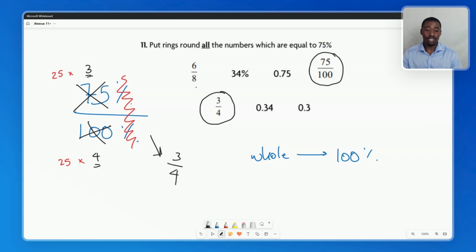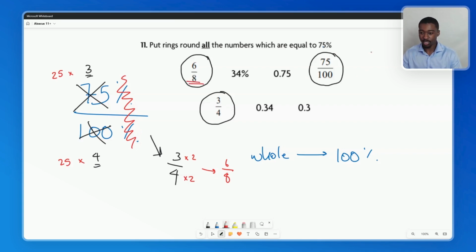But then also we know that 6 over 8 is going to be equal to 75%, because simply if we multiply the top and bottom by 2, so numerator times 2, denominator times 2, we get 6/8. So 3/4 is simply a simplified version of 6/8.